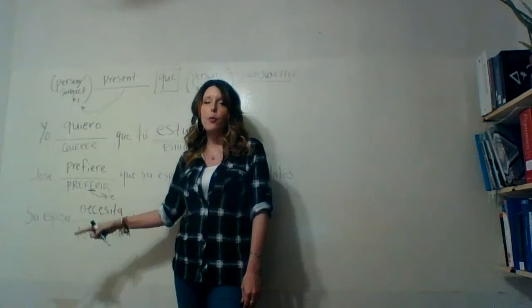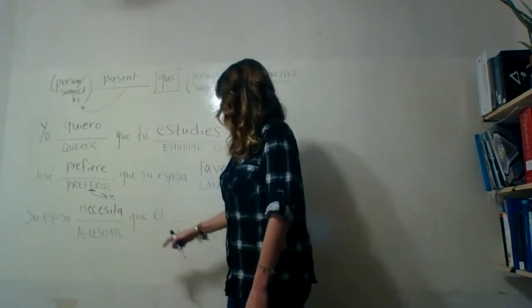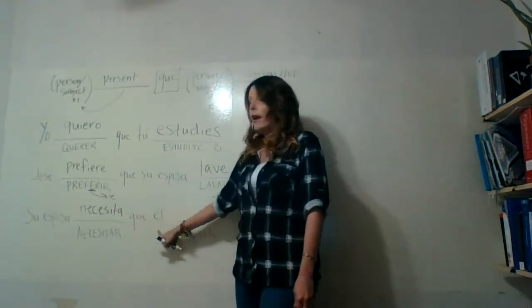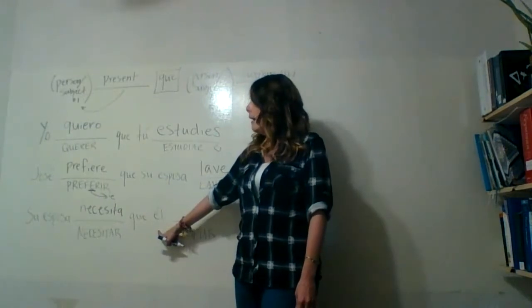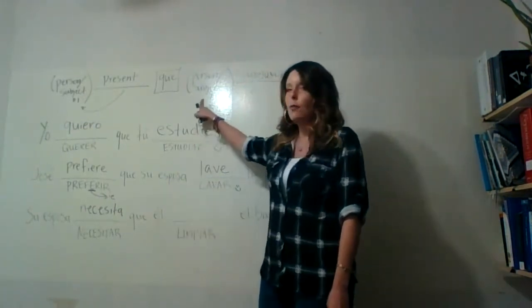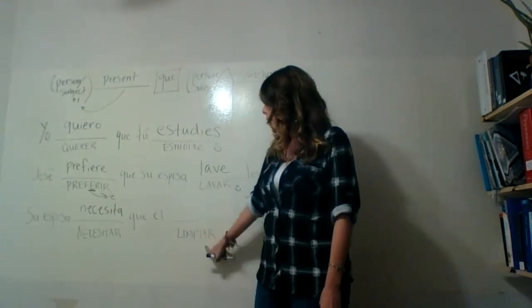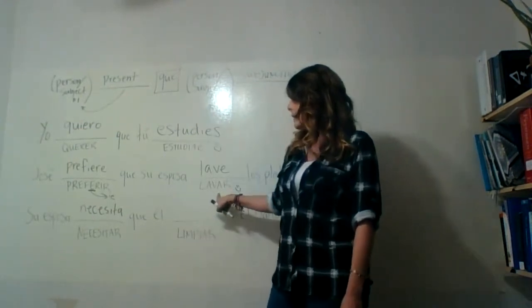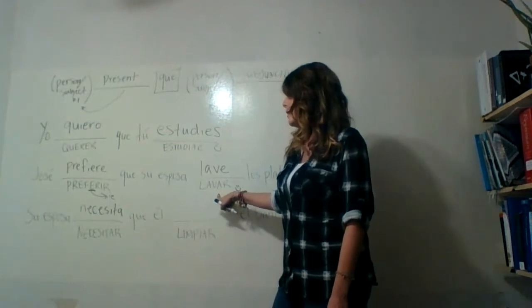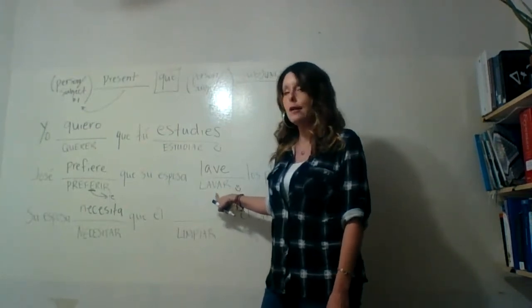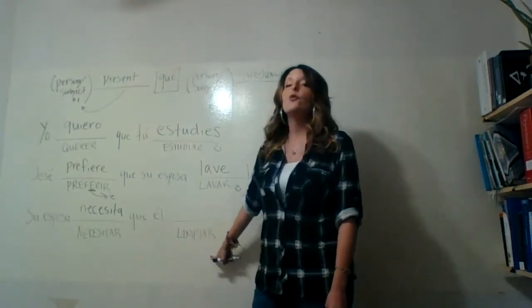Present tense, su esposa necesita que, then we have él, obviously él, he is person or subject number two, if we look up here. And then limpiar is not the same as lavar as we had in the prior sentence. Lavar means to wash. Limpiar means to clean.